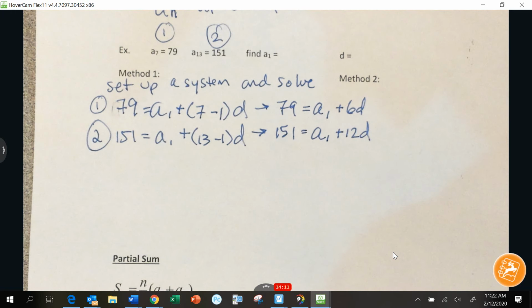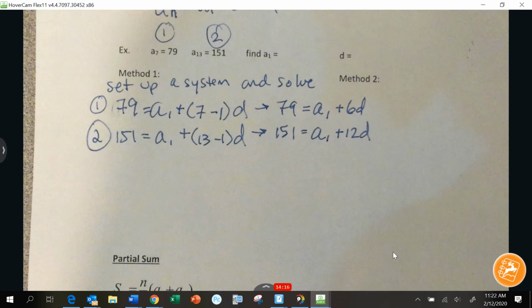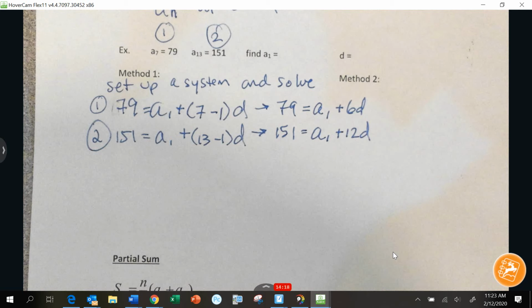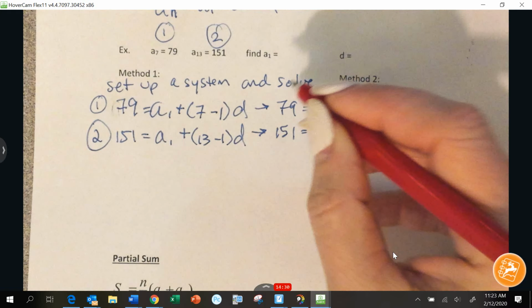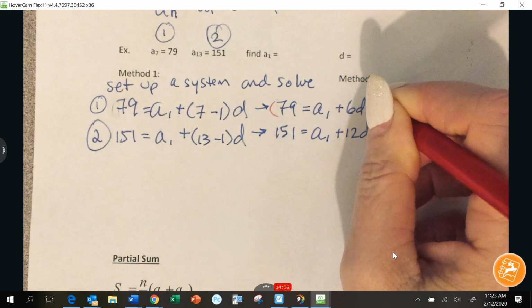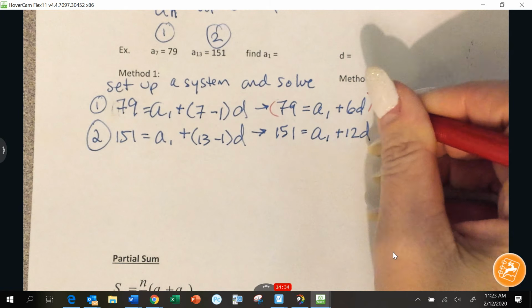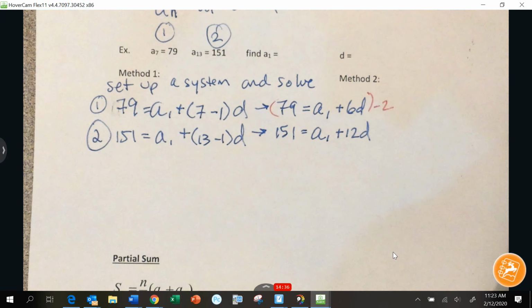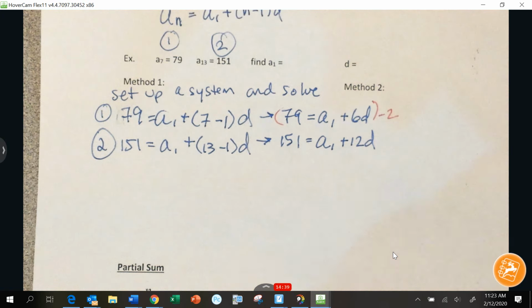How can we solve this system of equations? What should we do? Substitution, elimination, what do you guys want to do? Elimination? What would you like to eliminate? The d? How are we going to eliminate the d? Not by negative 6. Negative 2, yeah. Now, I actually would have eliminated the a's, but it doesn't really matter.